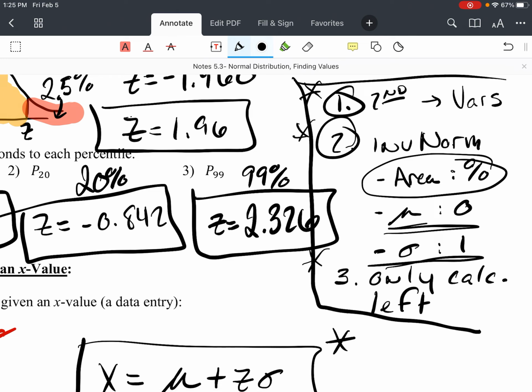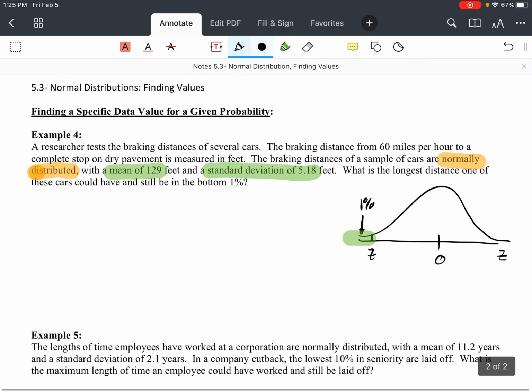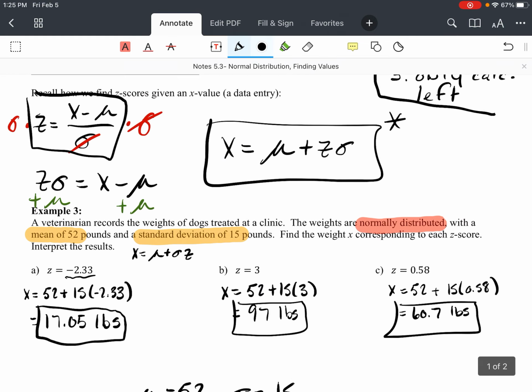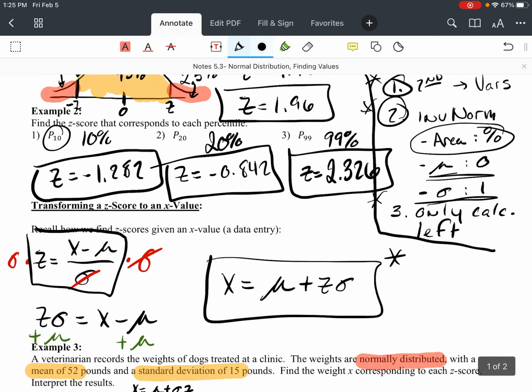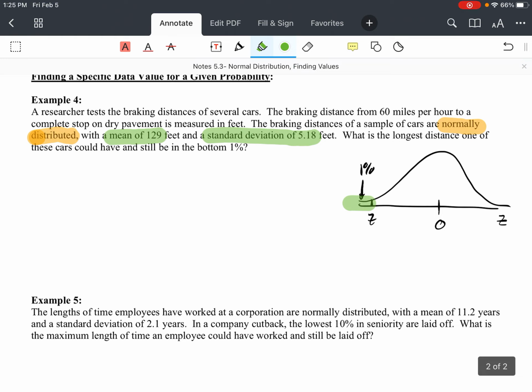And so we're going to do this by going through these steps. Again, it's going to be second vars, inverse norm. The area is 1%, which as a decimal is 0.01. And then you're going to make sure that your average is still 0 and your standard deviation is 1. And then we're going to calculate. So this is already looking at the bottom 1%, which means it's behind the z-score.